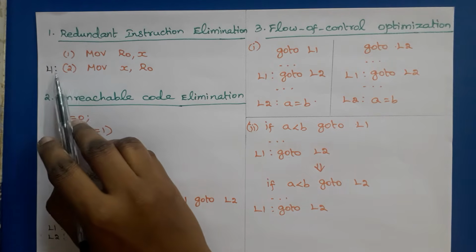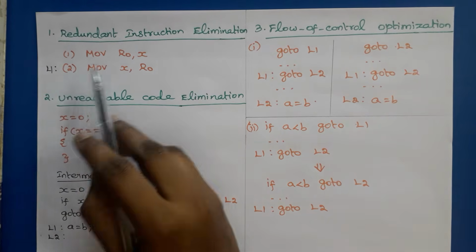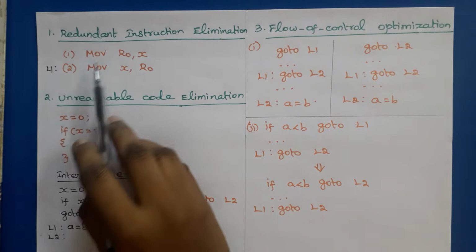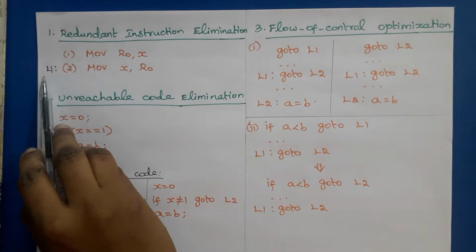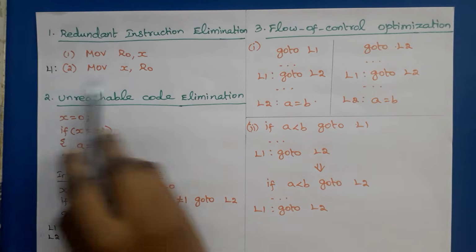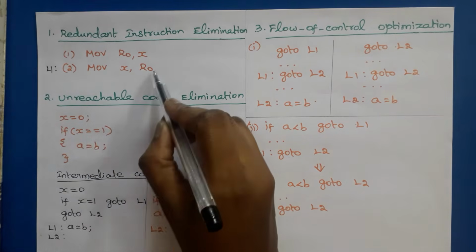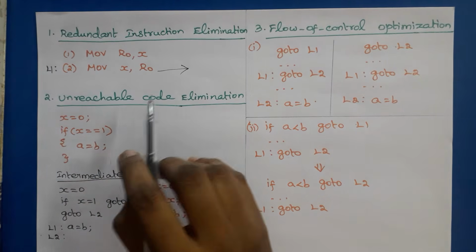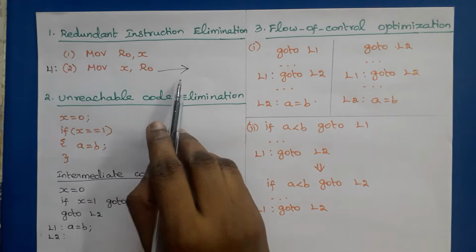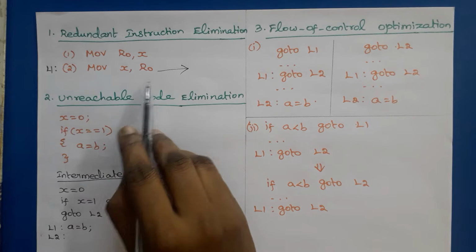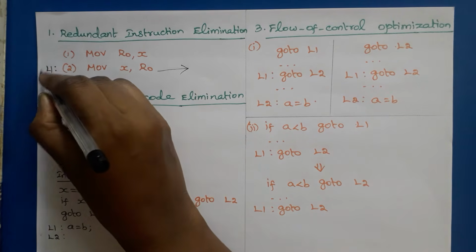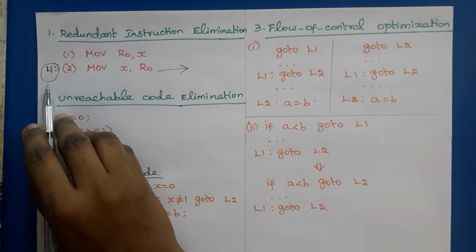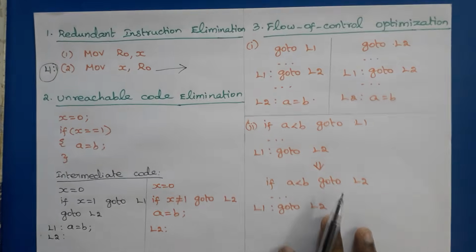This statement can be reached from some other statement also, so the r0 value can be changed. So if this statement is preceded by any label, we cannot eliminate the statement. Otherwise we can eliminate this statement from the block safely. So this statement can be safely removed from the basic block if it is not preceded by any label. If it is preceded by a label, then the elimination is not possible.